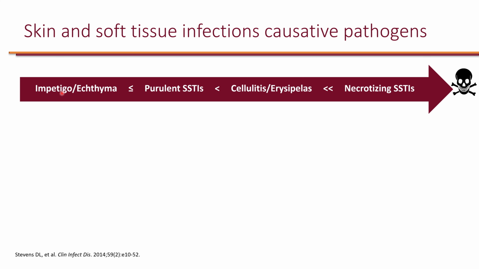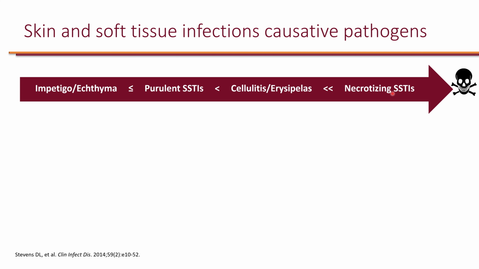So, impetigo and eczema, very superficial. So, impetigo is in the epidermis and ecthyma into the dermis, right? So these are pretty mild in general, and they may be less severe or even similar to purulent SSTI. So purulent meaning that it doesn't matter what type of SSTI, it's essentially producing pus.